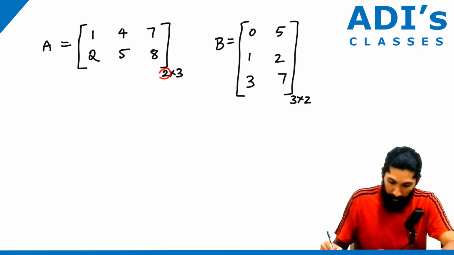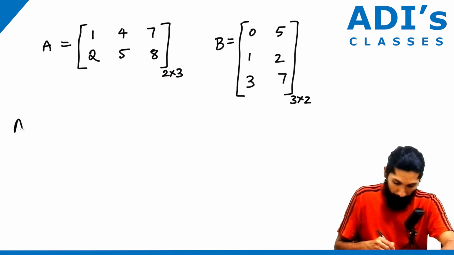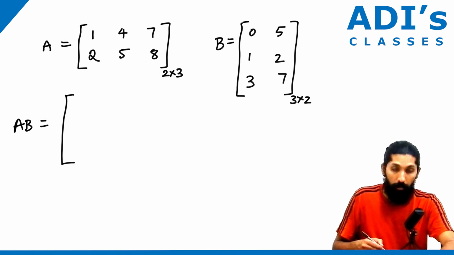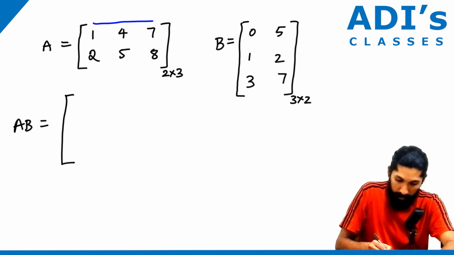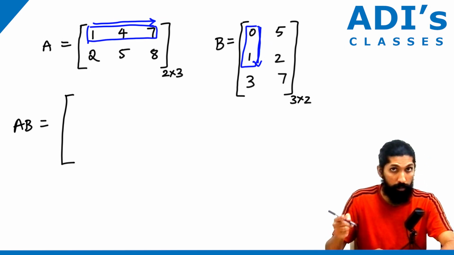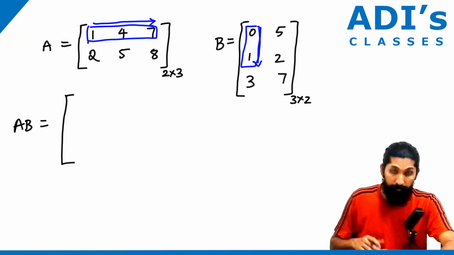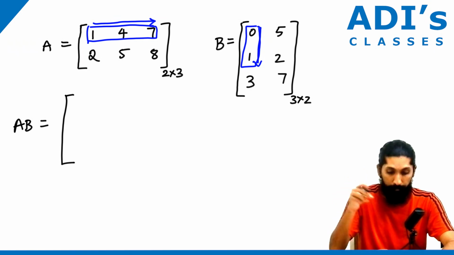Now let's do the math here. Very simple. First we write AB is equal to, first we have to take the row in this direction and column in this direction, correct? So we take the first row and we take the first column. Again I'll repeat, first row, first column.